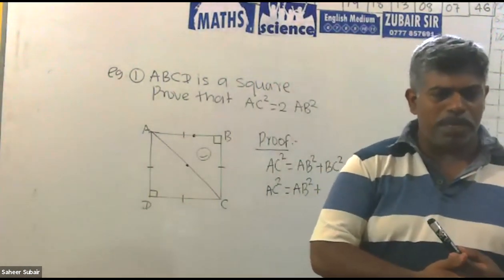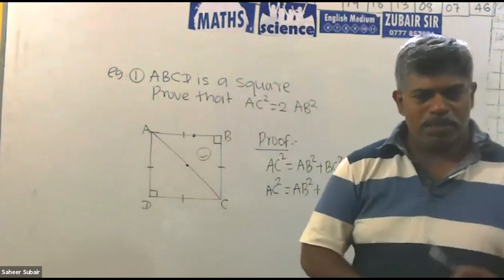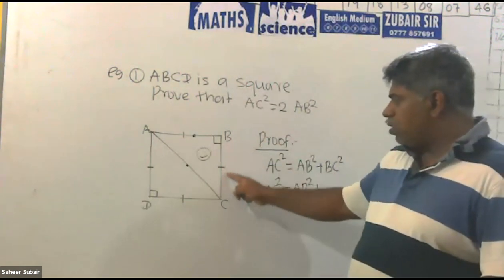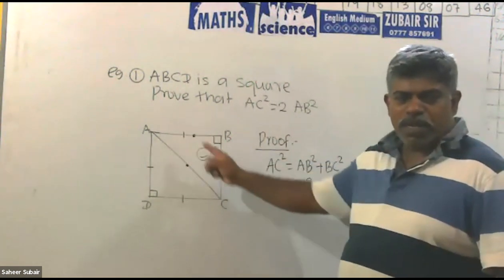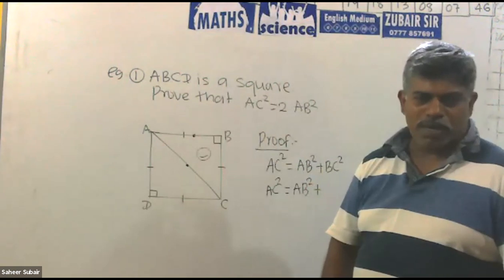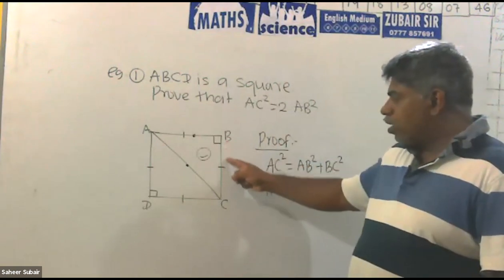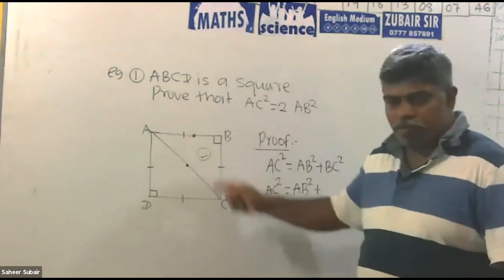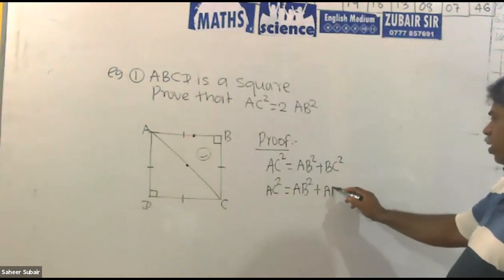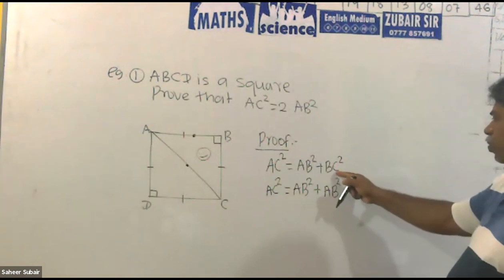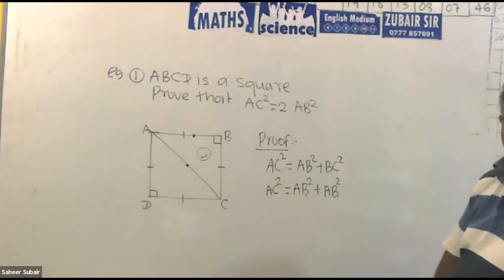How to remove the BC? We need AB or AC. Then what is BC? This side is BC. That side is AB. These two sides are equal. Why? This is a square. Because of that, instead of BC, I can put AB. So BC squared becomes AB squared.